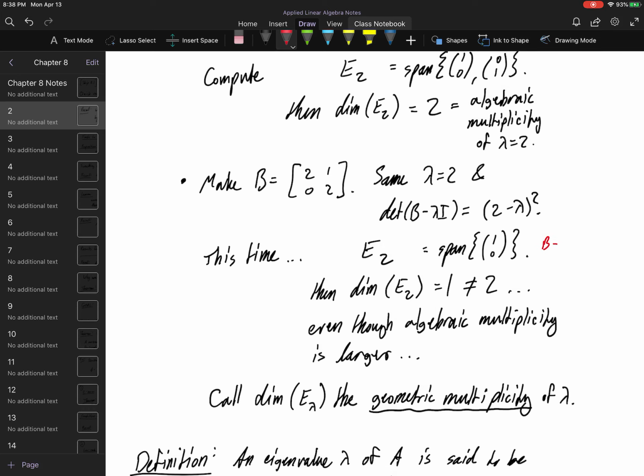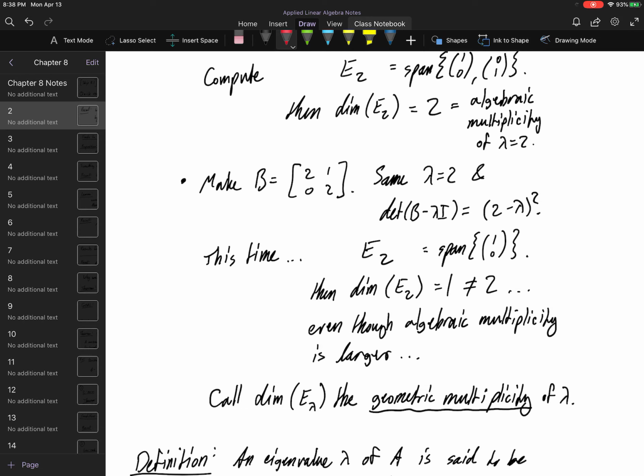But what's interesting in this case is that B minus 2I is not the 0 matrix. In fact, it's equal to something with a bit of a problem for our row echelon form. This guy has just a one-dimensional eigenspace.